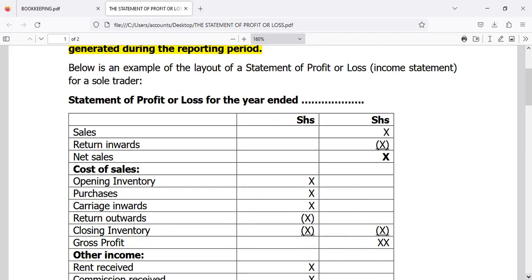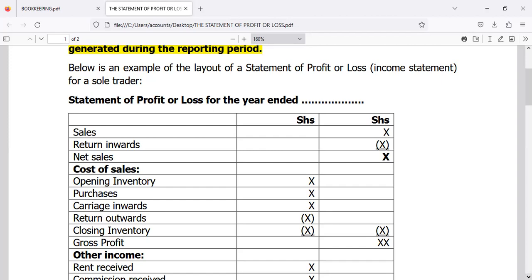Of course, you have to write your heading, where you have to write the name of the business, statement of profit or loss, or income statement, depending on what the examiner has used, for the year ended dash dash dash. Of course, you have to look at the question and see, when are we reporting? When are we preparing these financial statements?